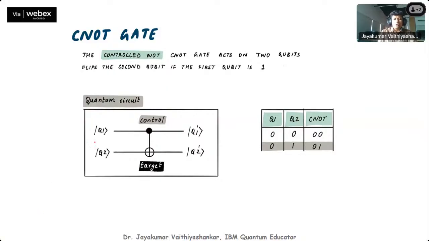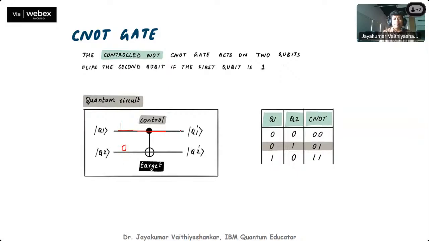Now apply 0, 1, so Q1 is 0 and Q2 is 1. 0 means nothing will happen, it is not activated, so the state is retained as it is, 0, 1. Now Q1 is 1 and Q2 is 0. Now what happens?